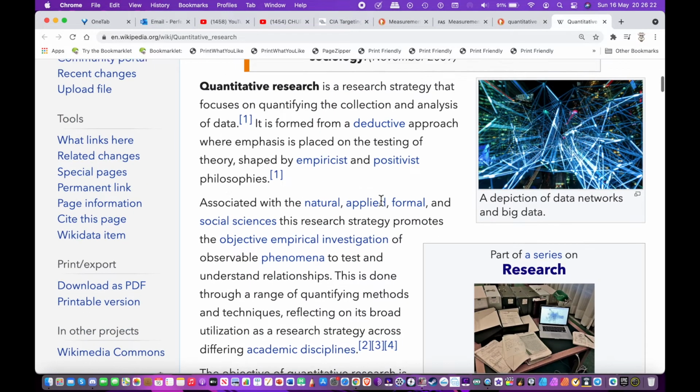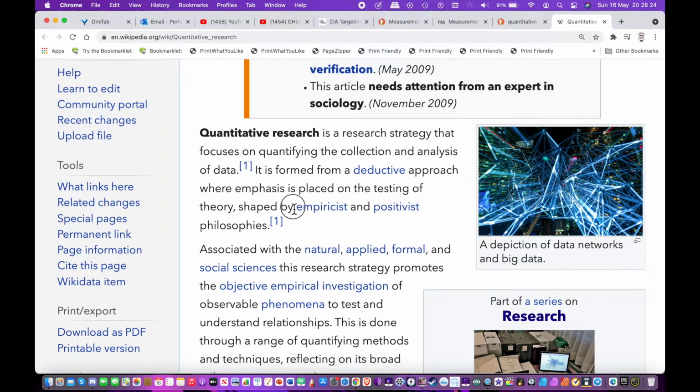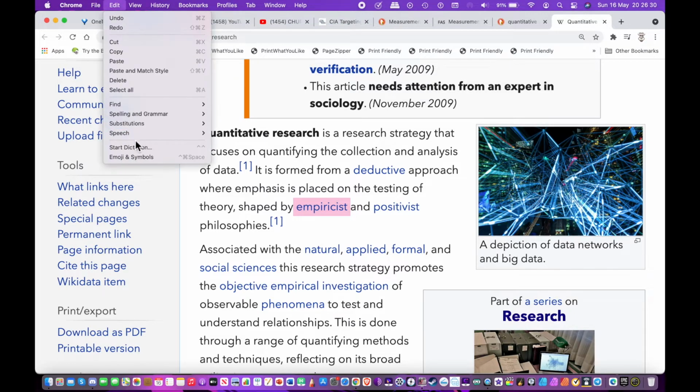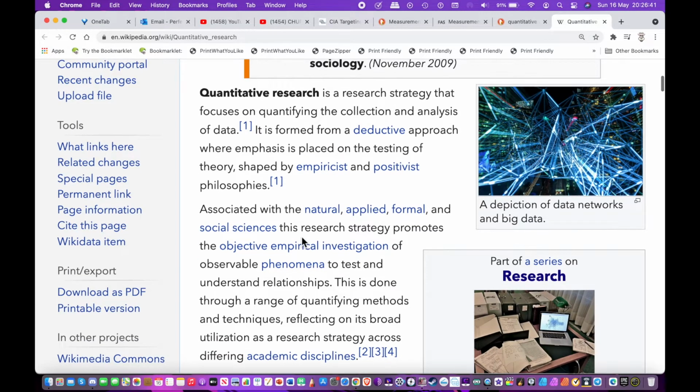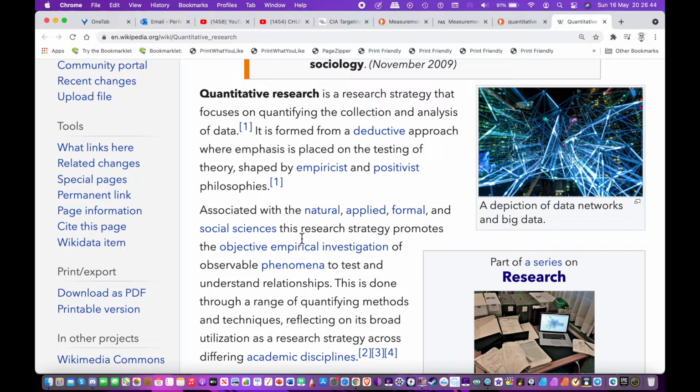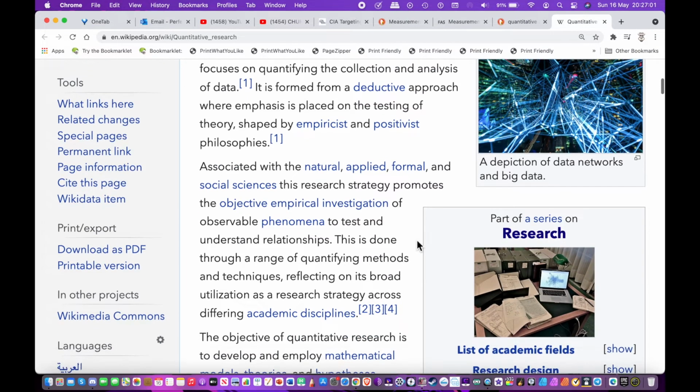Associated with the natural, applied, formal, and social sciences, this research strategy promotes the objective empirical investigation of observable phenomena to test and understand relationships.